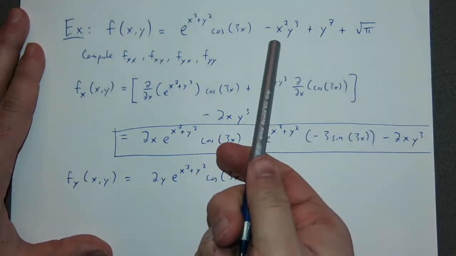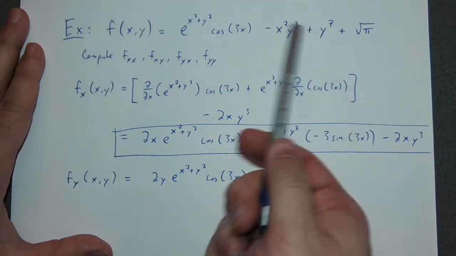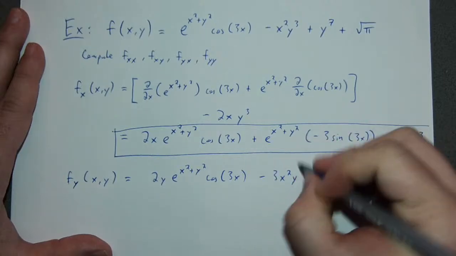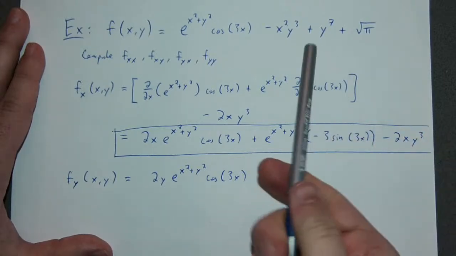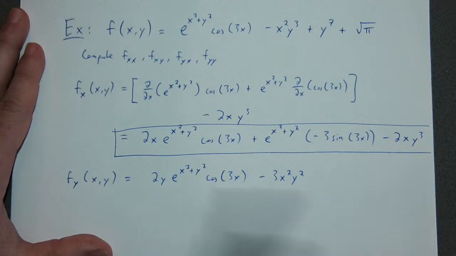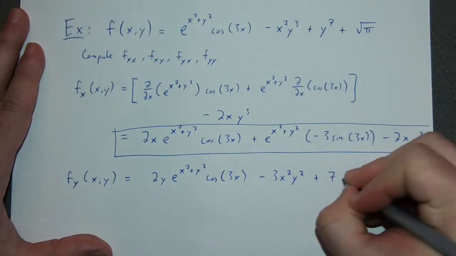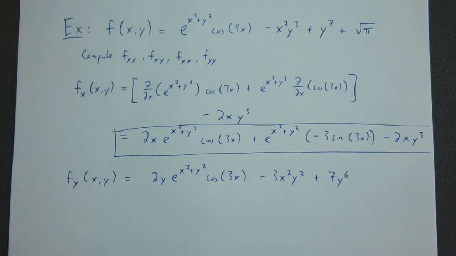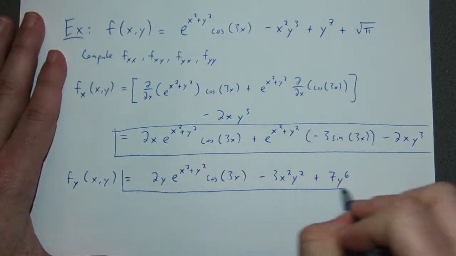Minus the y partial of this term, which is 3x squared y squared, using the power rule. The y partial of y to the 7th is plus 7y to the 6th. And the y partial of square root of pi is 0. So this is my y partial.